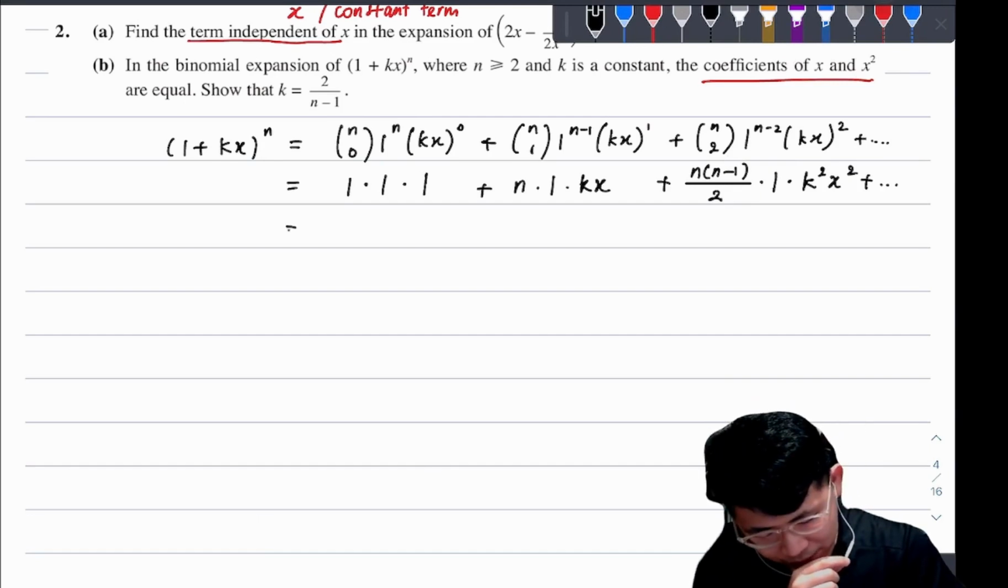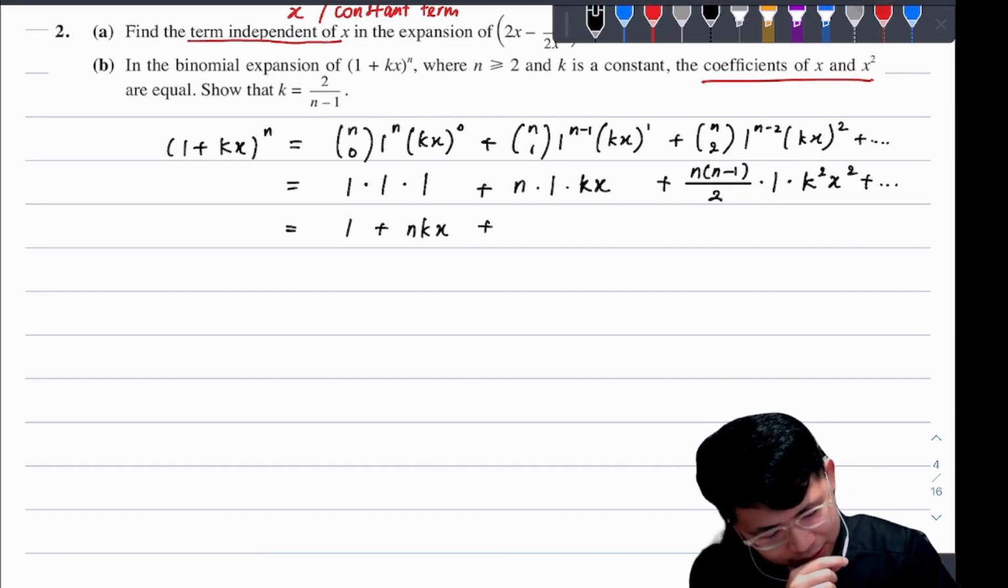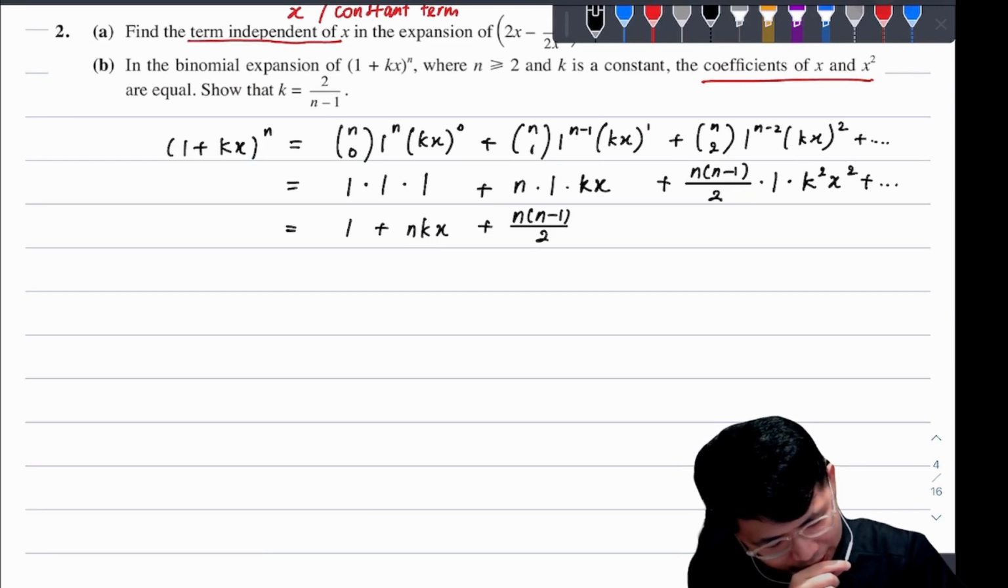So let's simplify. The first term is 1, the second term will be nkx, the third term would be n times n minus 1 over 2, with k squared and x squared.